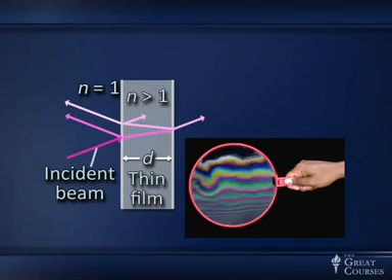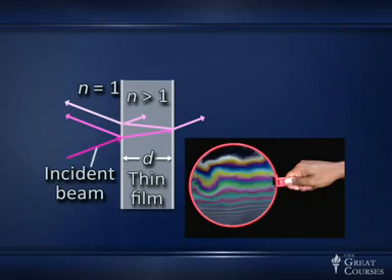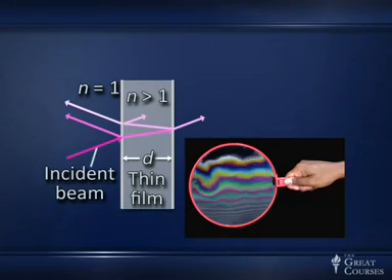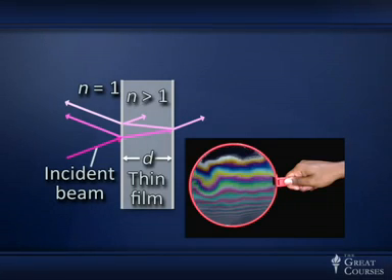If those two waves come back and interfere destructively, then I will see darkness at a particular wavelength or a particular angle. And the reason I'm seeing multiple rainbow colors here is that the criteria in that thin film of soap bubble for constructive and destructive interference are different for different wavelengths. So I see those beautiful shimmering patterns.